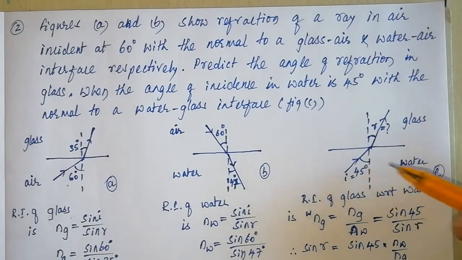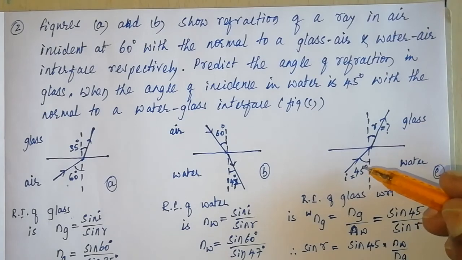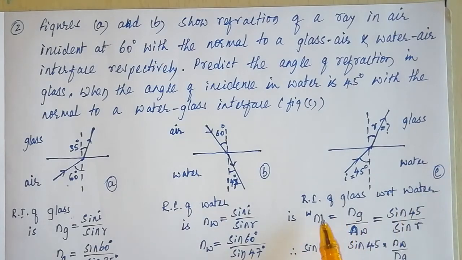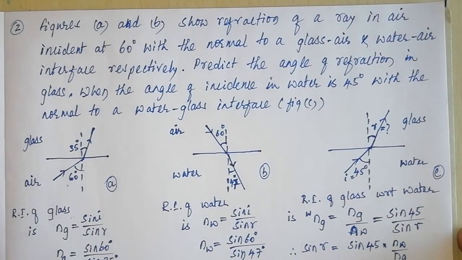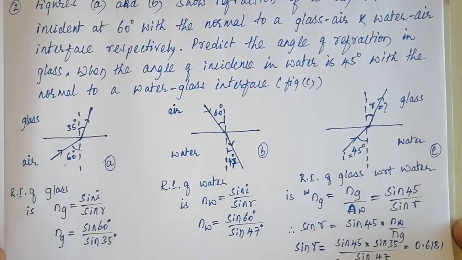The angle of incidence is given, it is 45 degree. These are the two cases for absolute refractive indices, whereas this is the relative refractive index of glass with respect to water.